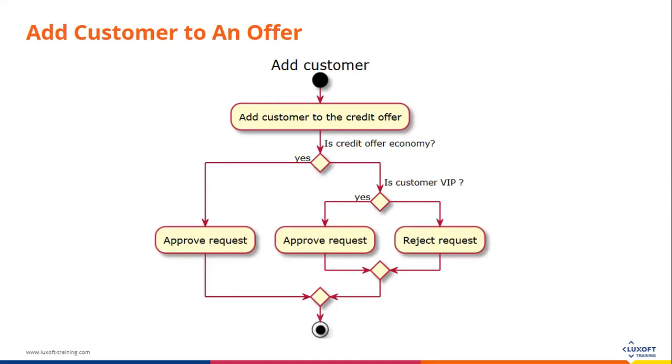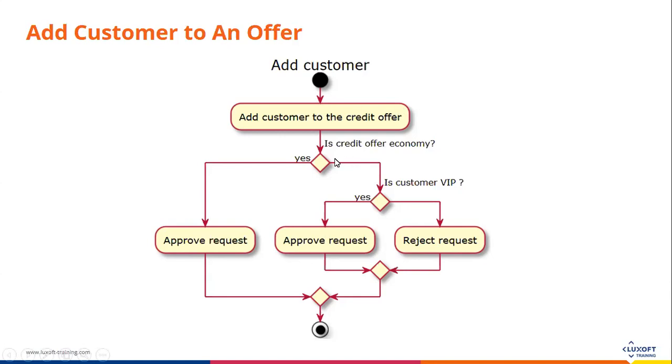And we look here at the scenarios. We presume here that we have a few possibilities. We have a bank application and it is providing some credit offers. The credit offers are of two types. First type is economy credit offer. And when you would like to add the customer to this credit offer, you have to answer this question.